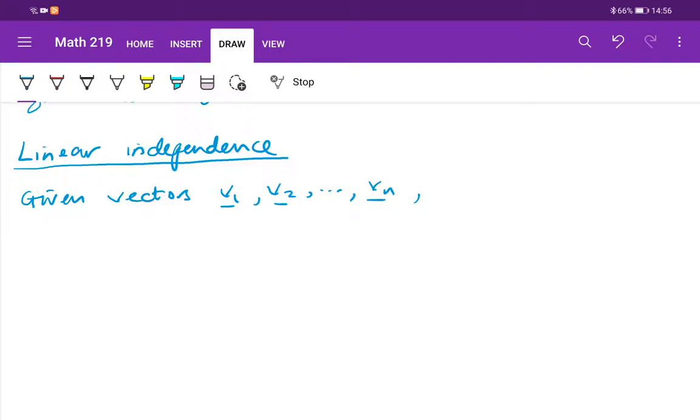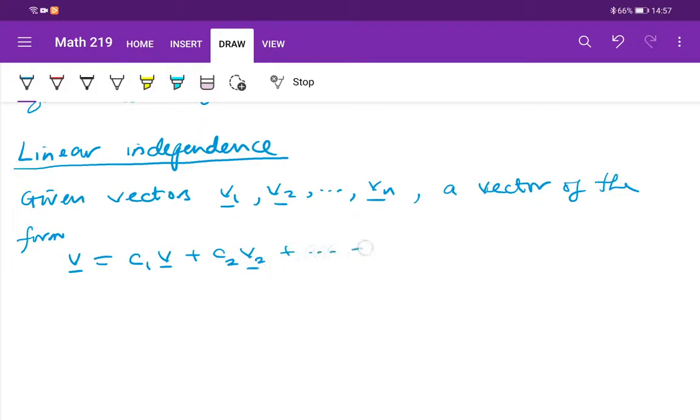So if we're given vectors v1 up to vn, a vector of the form c1 v1 plus c2 v2 plus up to cn vn, where c1, c2, up to cn are constants, so these are scalars.